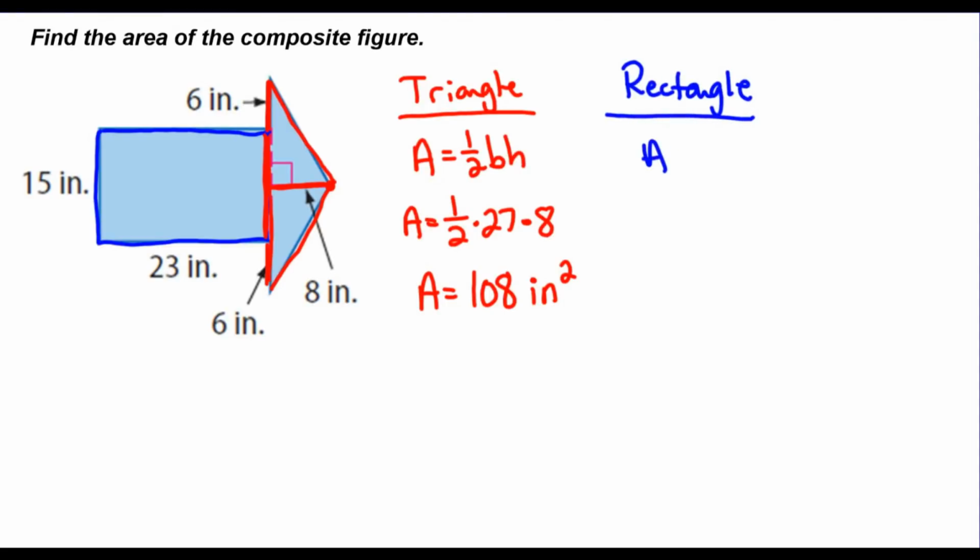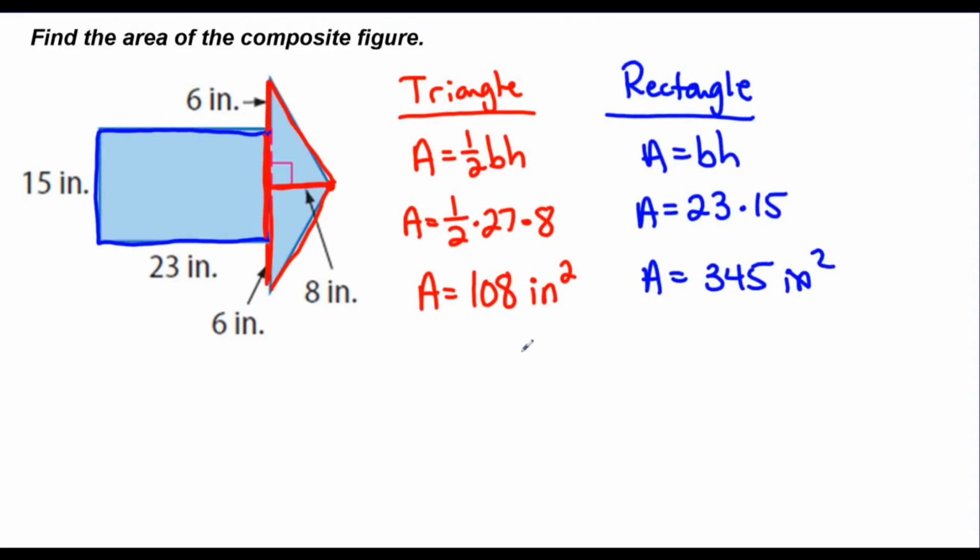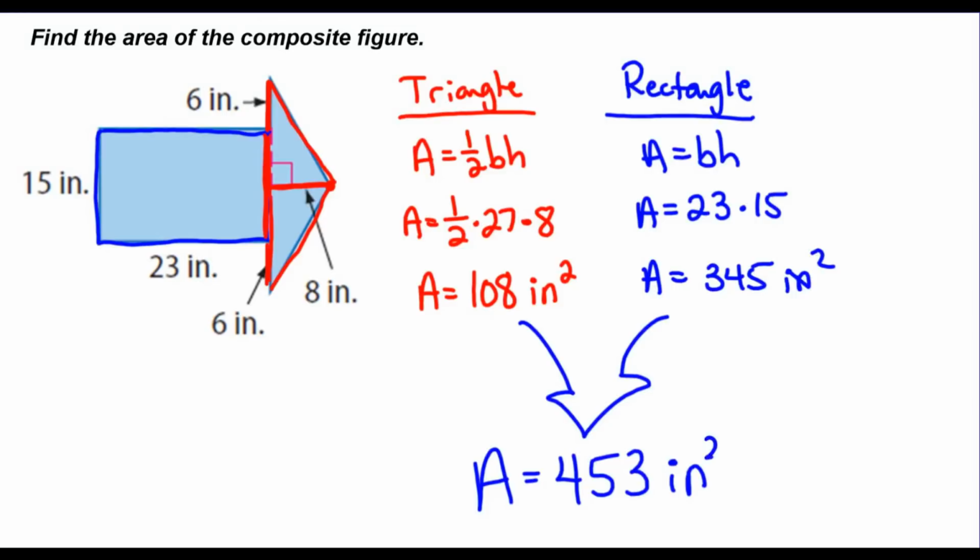Again, the area of a rectangle is base times height, and that would be 23 inches times 15, which gives us a total area of 345 square inches. And then I'm just going to add those together for a total area of 453 square inches in our arrow looking shape.